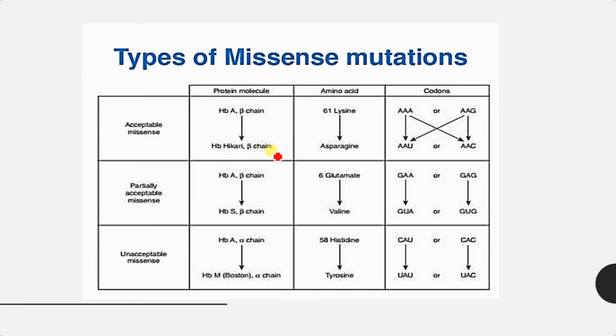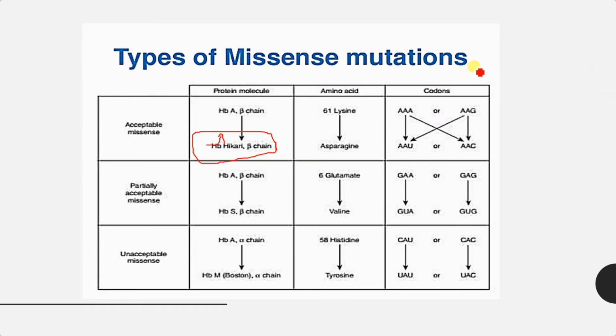So here the ultimate protein produced in the beta chain is different, but it is still functionally acceptable. It is not losing its complete function, so it is called acceptable missense mutation.